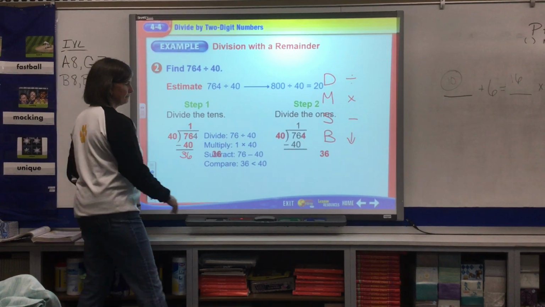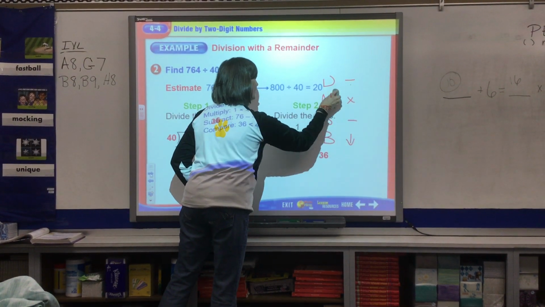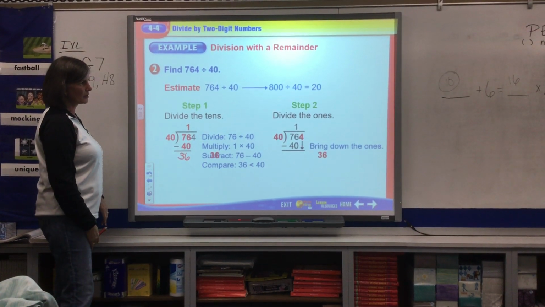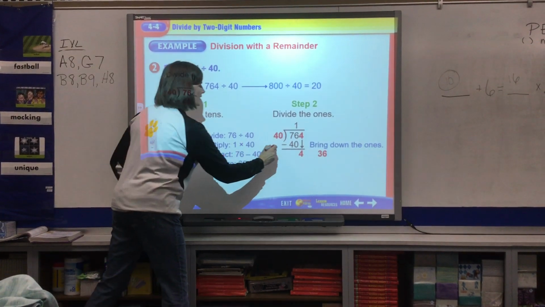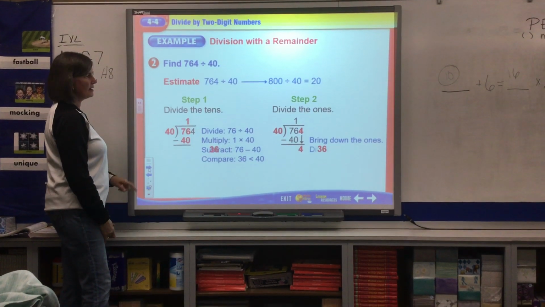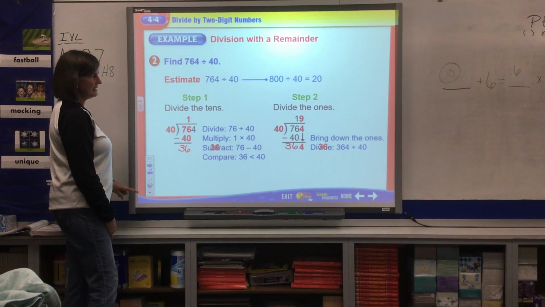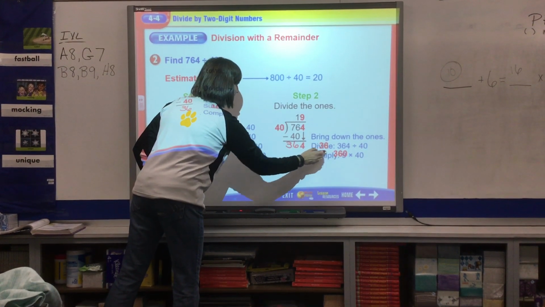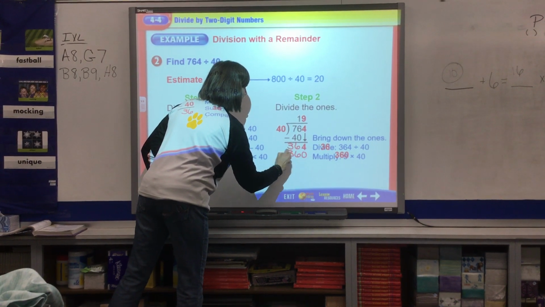Second step is to divide the ones. So we're going to bring that down. Our board is a little off here, so it's 364, and it goes in there 9 times, just as we said, and that's 360. Again, they're over there, but it should be lined up this way.